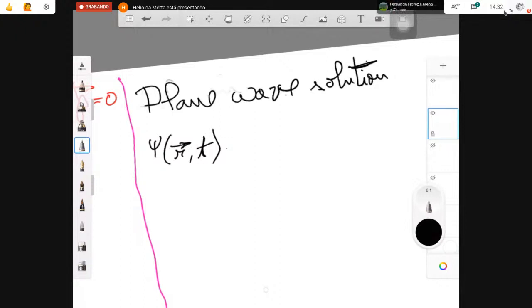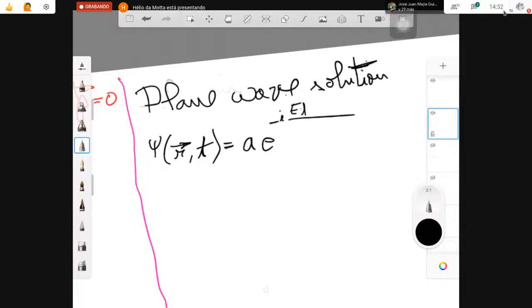Remember that the wave function must be normalized at some point, because the wave function should be able to give you the probability of finding a particle somewhere in the universe. If you make a full integral of the wave over all space, you should have one. So you must at some point normalize the function. So this will be A E minus I E. That comes from quantum mechanics.